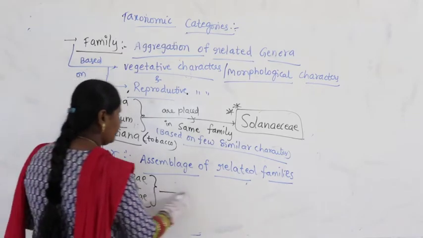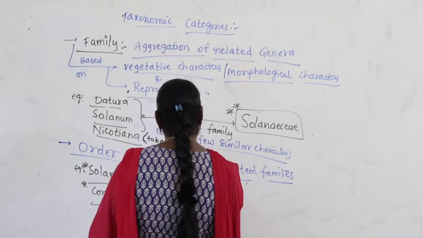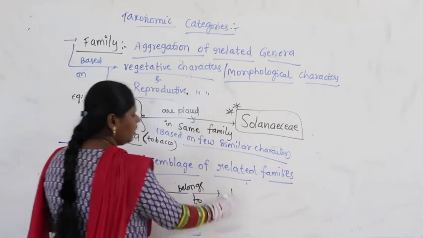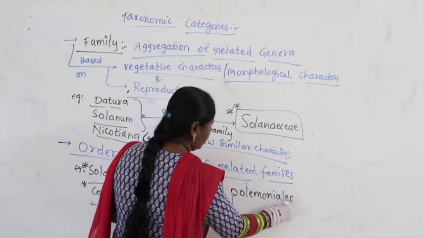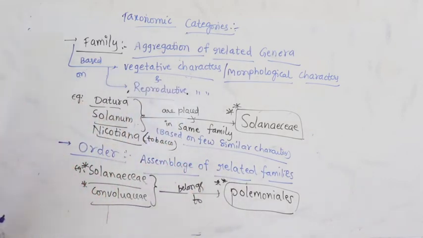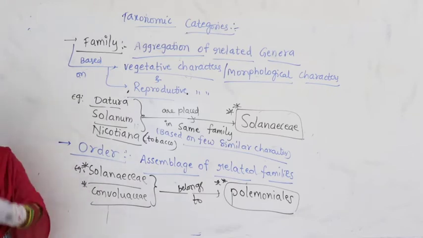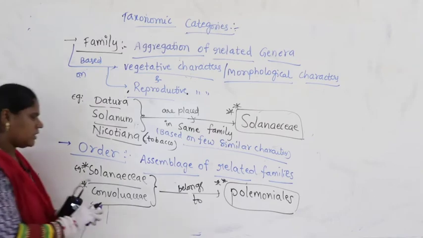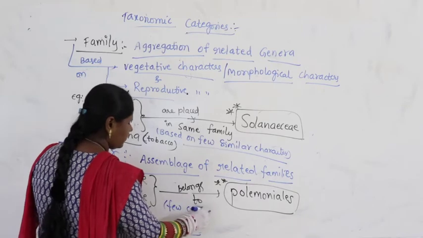Both of them in this case belong to which order here? Polemoniales. Try to see that Solanaceae is one family, Convolvulaceae is another family. Based on a few common characters, what do you say? They show few common characters.